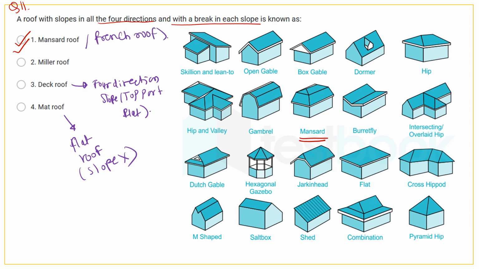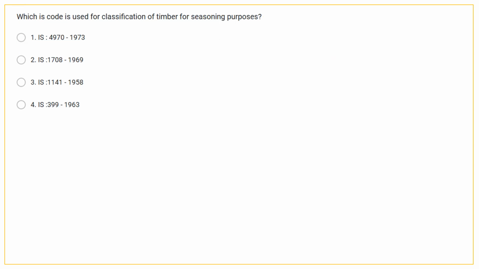The next question is question number 12. Which is the code used for the classification of timber for seasoning purpose? Okay, here the first code is used for the identification of commercial timber.